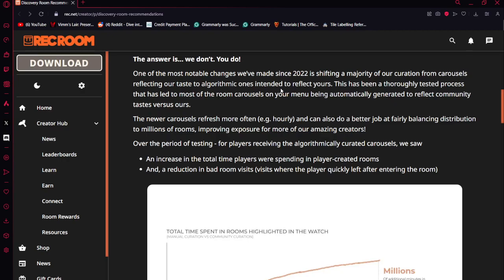Notable changes since 2022, shifting a majority of our curation from carousels reflecting our taste to algorithmic ones to reflect yours. It's been tested to lead to most of the room carousels on your menu being automatically generated to reflect community taste versus ours.